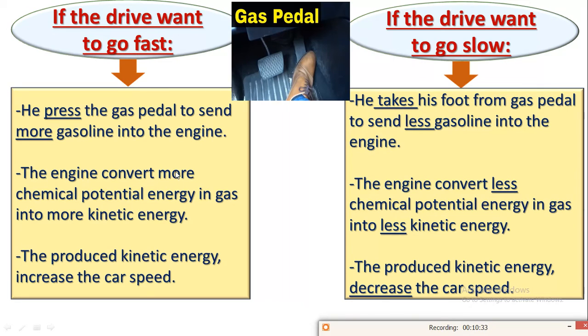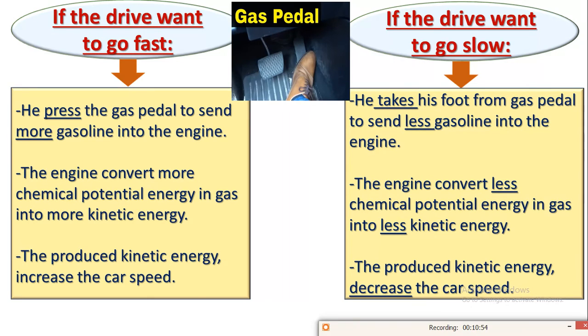So when we press the gas pedal, more gasoline goes to the engine. So more chemical energy changes into more kinetic energy. And when the kinetic energy increases, what happens to the speed? The speed will increase. So now you become fast.